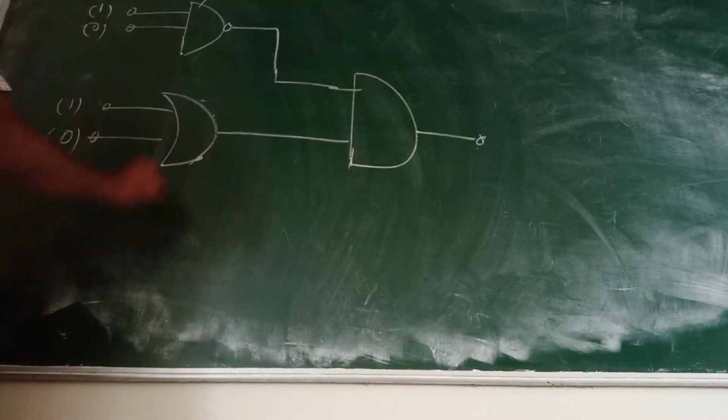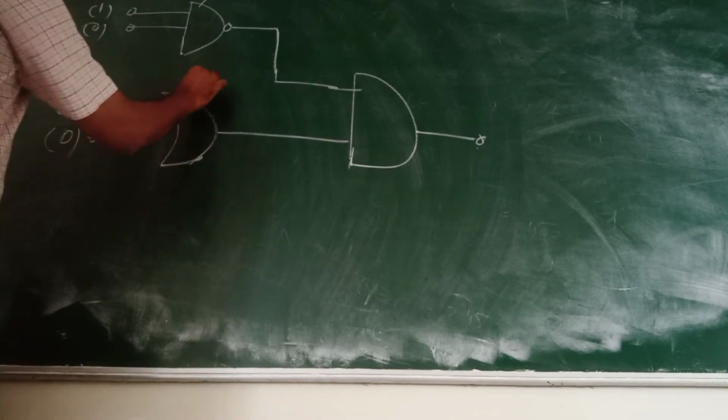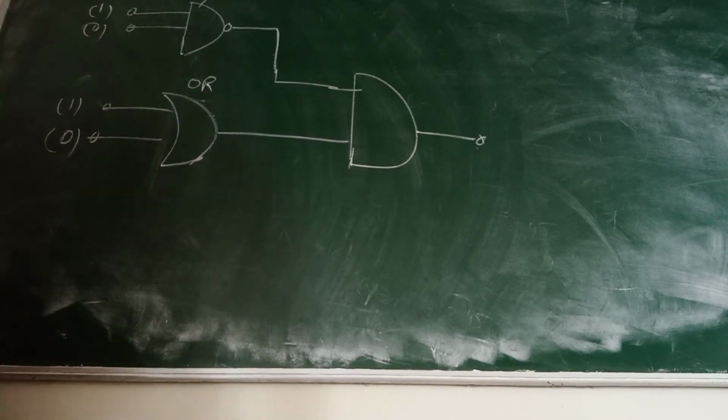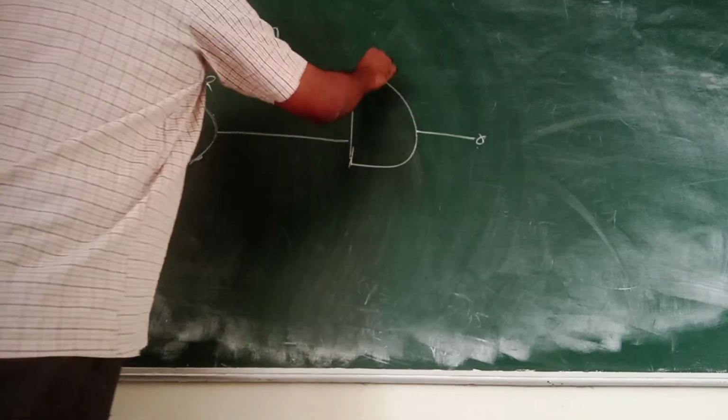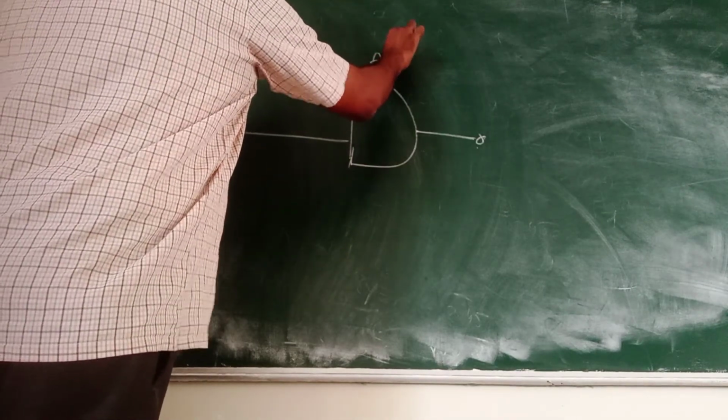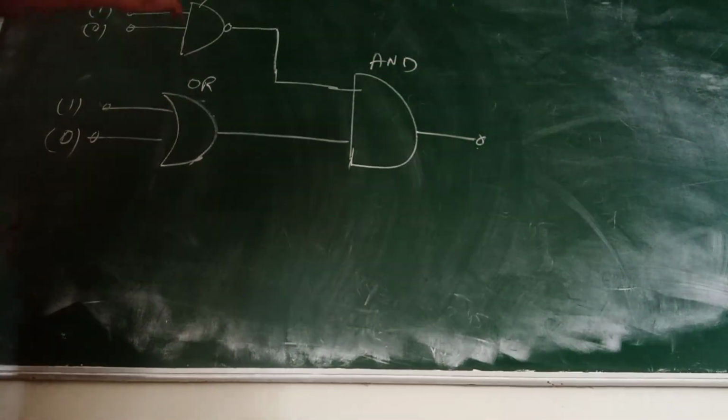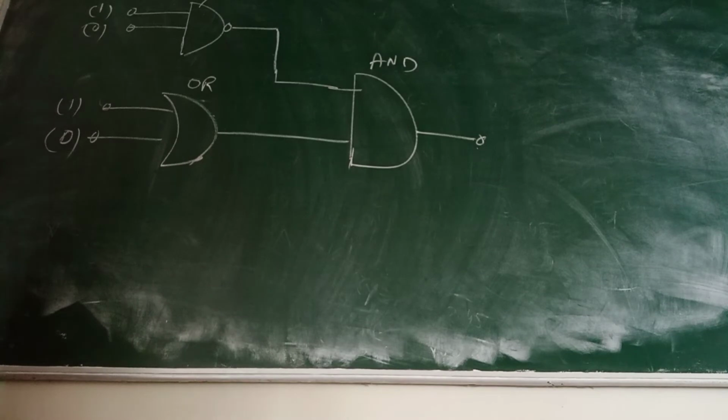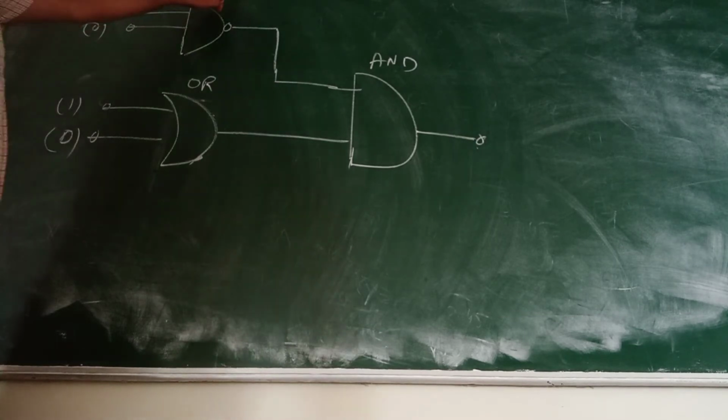There is no circle here, it is curvature, so it is an OR gate. Line is straight, curvature, it is an AND gate. Just write the names over there so that you don't get confused. Do not do it in your mind. Okay. So this is a NAND gate.